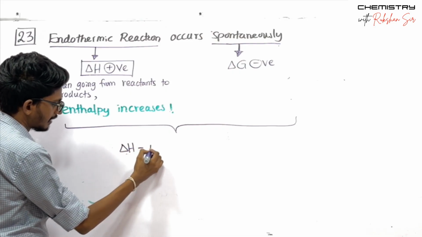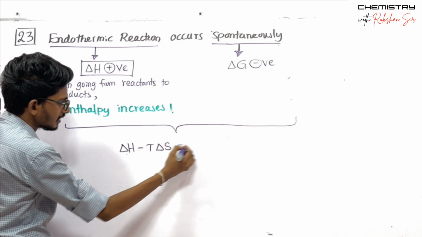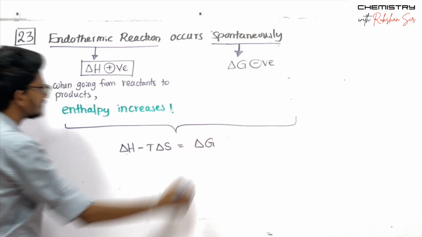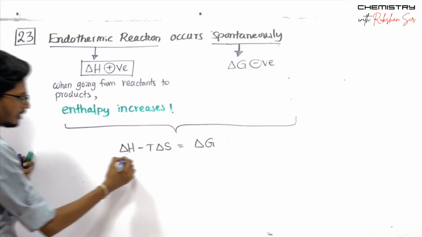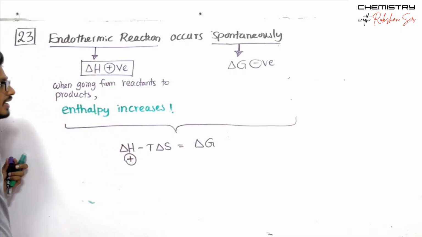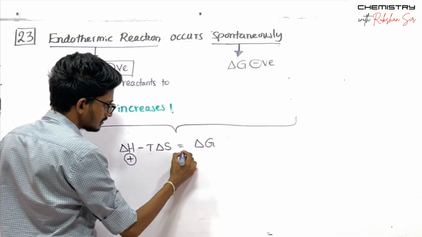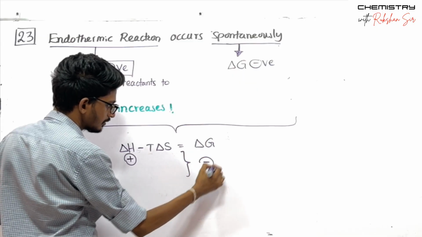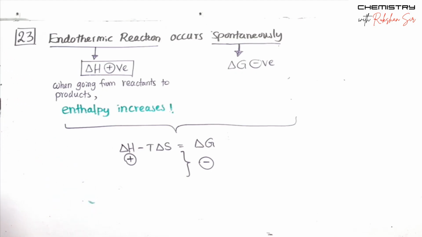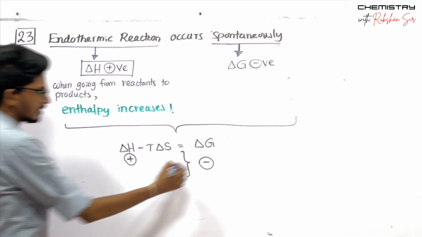So delta H minus T delta S is delta G. You are having a positive sign for this one, and this guy is negative. Right?